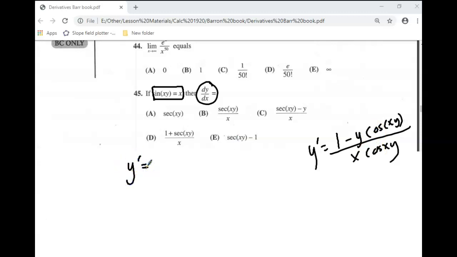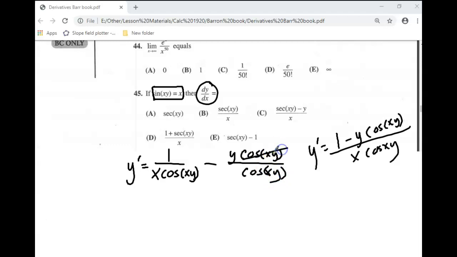So check this out. Here's my idea I'm going to go with. I'm going to try splitting this up. I'm going to do 1 over this minus that. Okay? So if I do that, well, this just goes away, doesn't it?